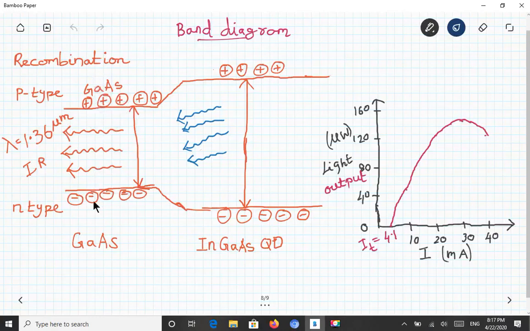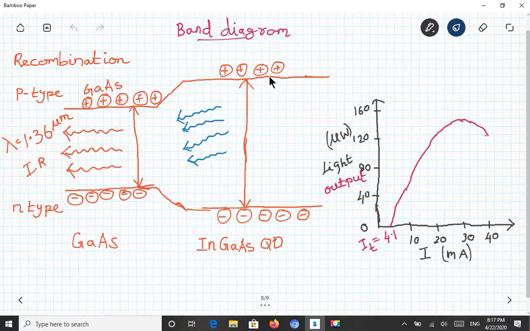As it is a semiconductor, the excited gallium arsenide will have a hole and an electron. This electron and hole will combine across the band gap, which is smaller. A smaller band gap means you will get a larger wavelength. So you will get the IR wavelength of 1.36 micrometer.